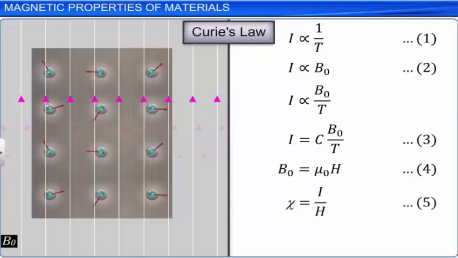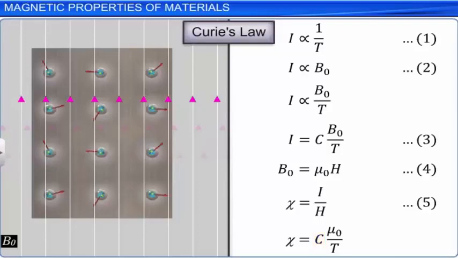Substituting equations 4 and 5 in equation 3, and on simplification, we get chi is equal to C into mu naught by T. This is known as Curie's law, where C is called Curie's constant. Let this be equation 6.